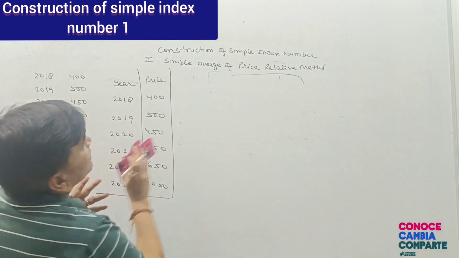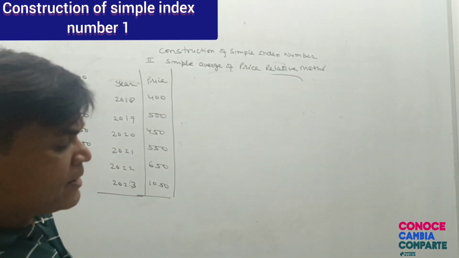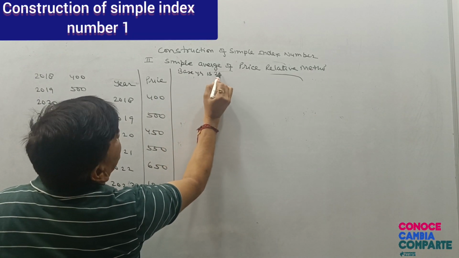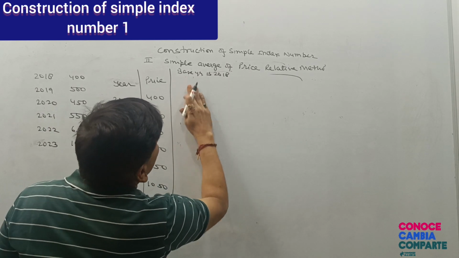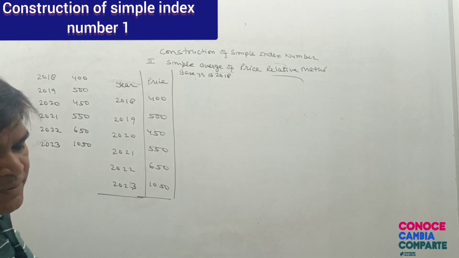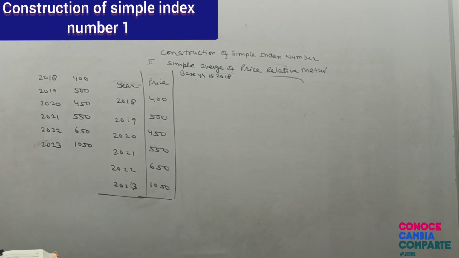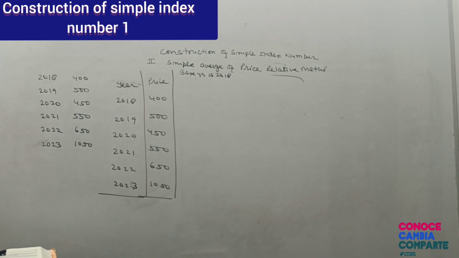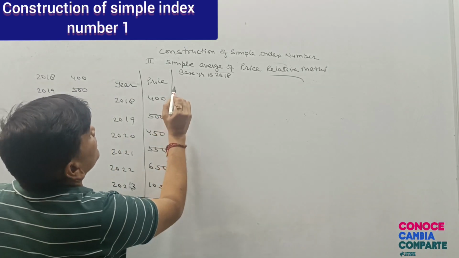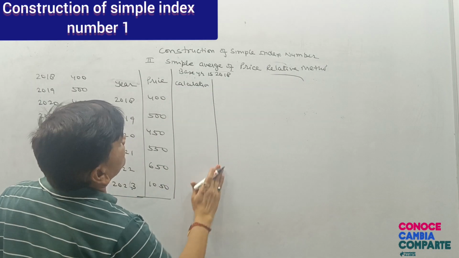First I am taking the fixed base. Suppose our base year is 2018. So first we will have the indicators and then the index, with calculation and price relative.